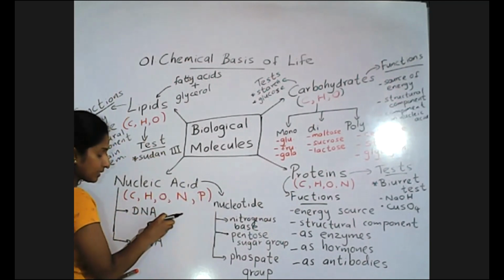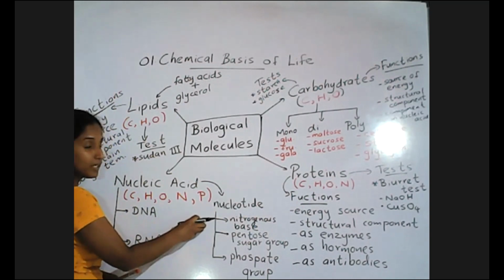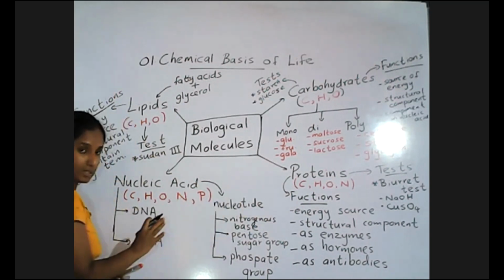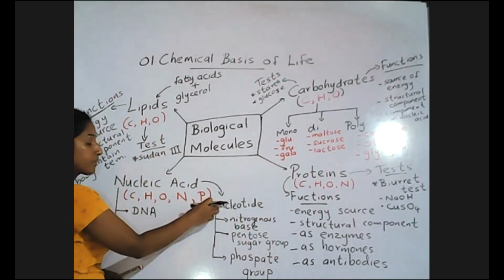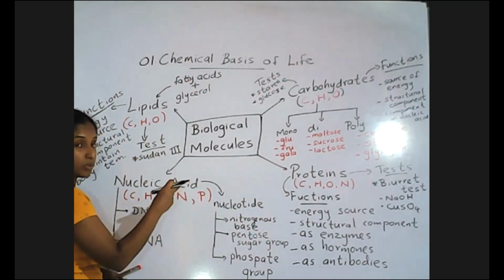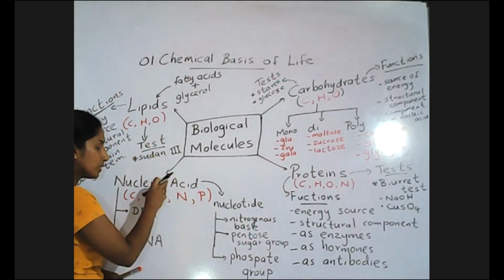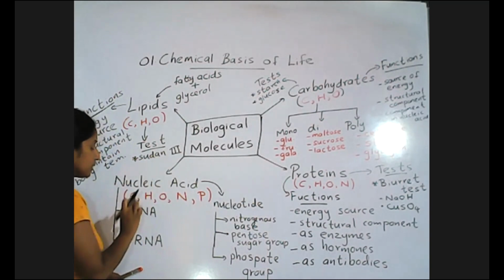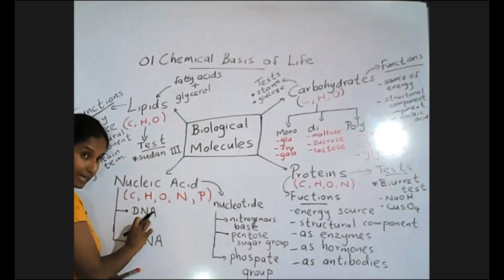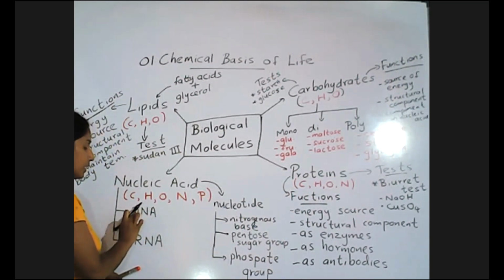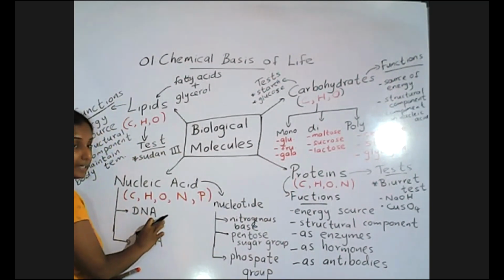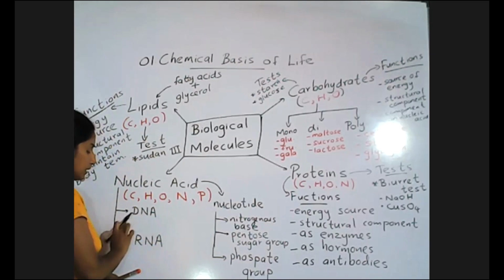You know that the monomer is the building unit to form the polymers. So by combining many nucleotides, it forms nucleic acids. By combining deoxyribonucleotides, it forms deoxyribonucleic acid, or DNA.